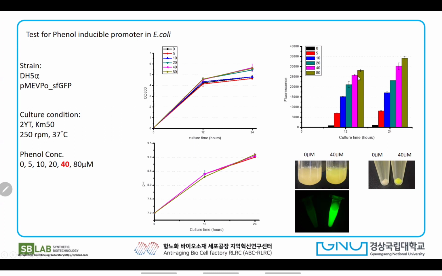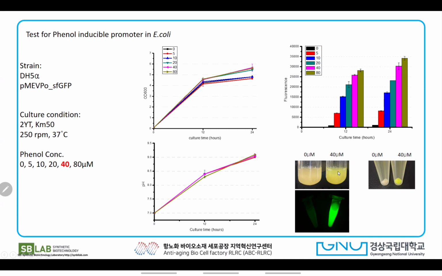We have not checked a higher range, but if anybody is interested in working with this PO phenol inducible promoter in the E. coli system, they can check further. But according to our experiment, we conclude that maybe 40 micromolar might be optimum for expression in E. coli.